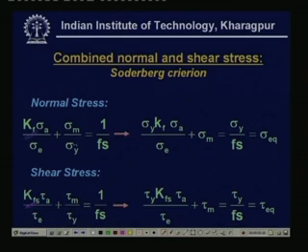Now, this particular expression is just written in another form by multiplying both sides of the equation by sigma yield point, and we get an equation where this particular component is important.